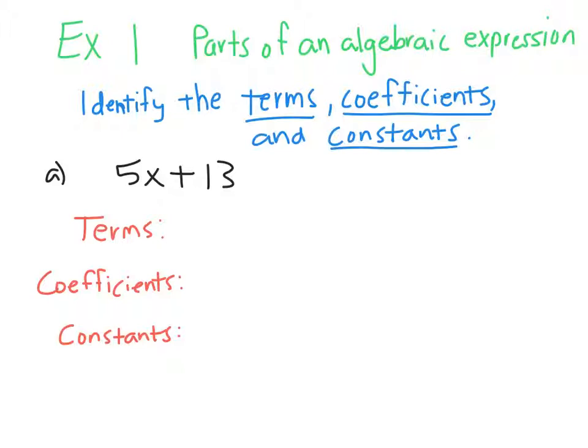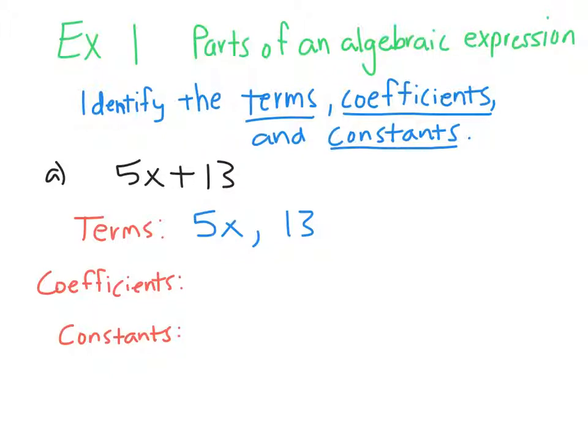So our terms happen to be anything in this problem. So 5x, we represent it together, and then you would just represent it with a comma, and then 13. We don't put 5x plus 13. We're talking about what are the terms. There's two terms in here. There's 5x and there's 13.